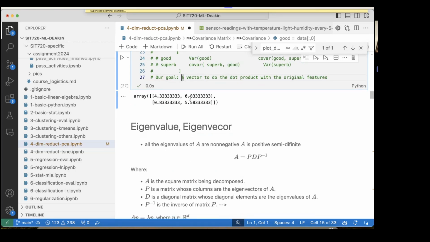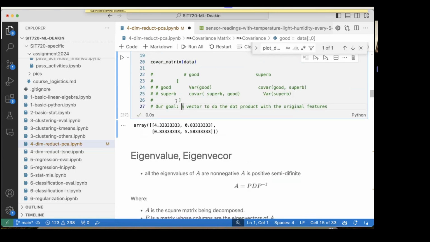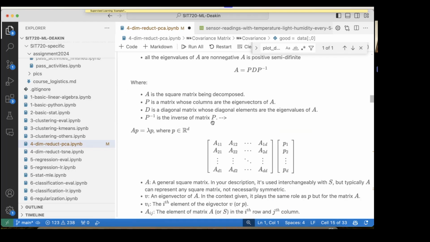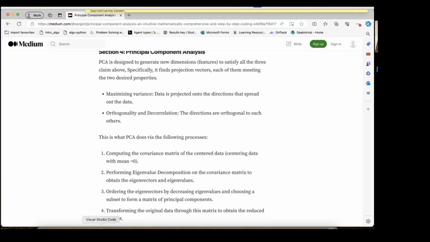So how to do that? Actually, we already finished the first step of PCA. The first step of PCA is to compute the covariance matrix, actually of centered data, but don't care about centered data so far. Centered data just means you're centering your data by mean subtraction, okay? Something like that, easy.